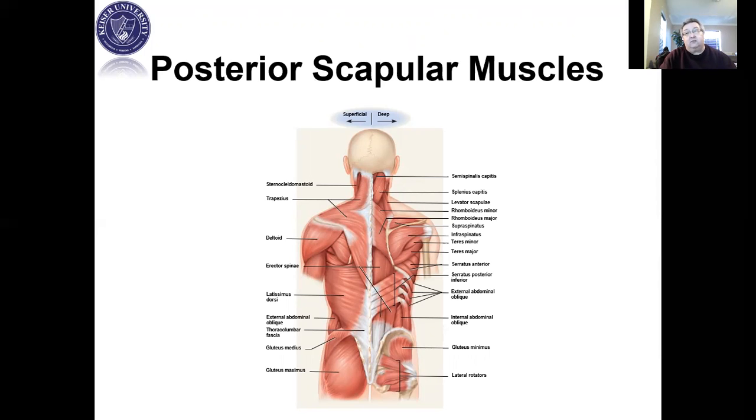So let's recall some of the movements that the shoulder performs. The shoulder performs flexion, where we bring the arm above our head. It does extension, where it brings the arm behind you. Remember, flexion and extension of the shoulder occur in the sagittal plane.